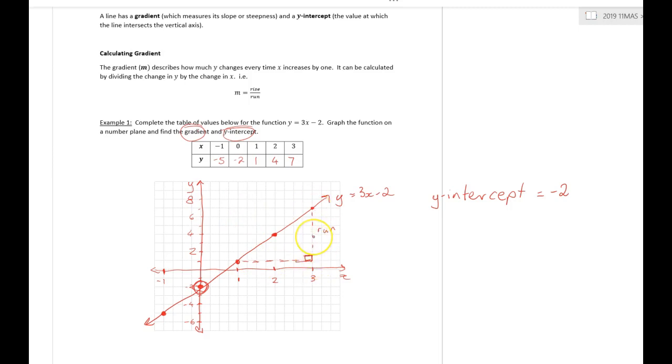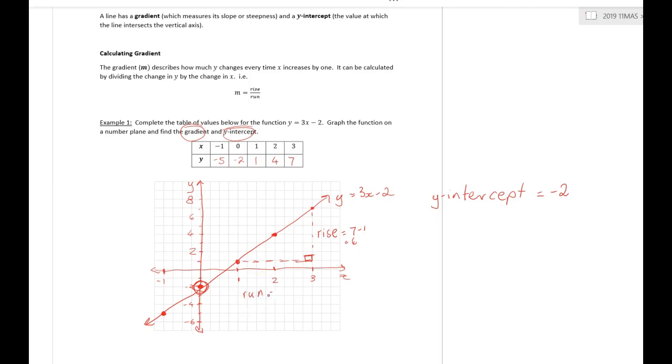My run, oh, that's not my run, that's my rise. My rise has gone from 1 to 7. Right, 7 minus 1 equals 6. My rise is 6. When I have risen 6, how far have I run? It's gone from here to here. I've gone from 1 to 3. Oops, run. Something's on my mind there.